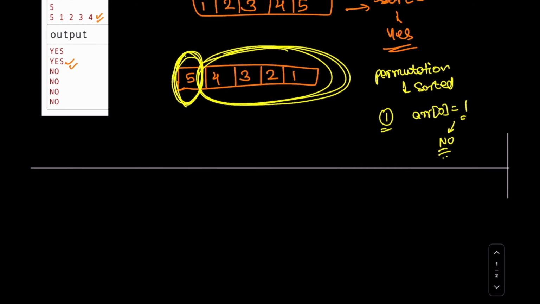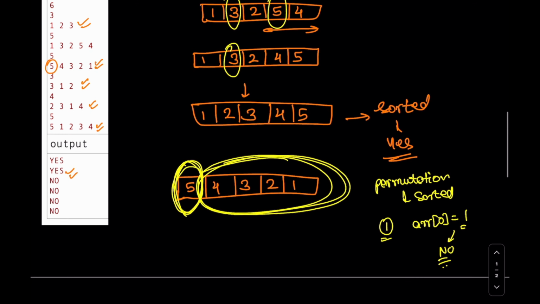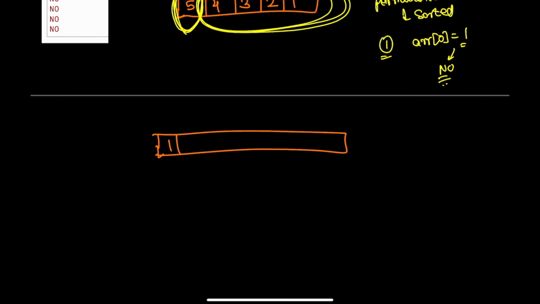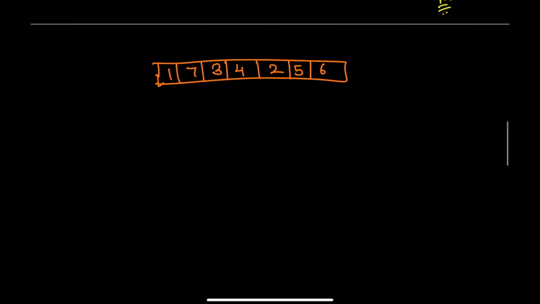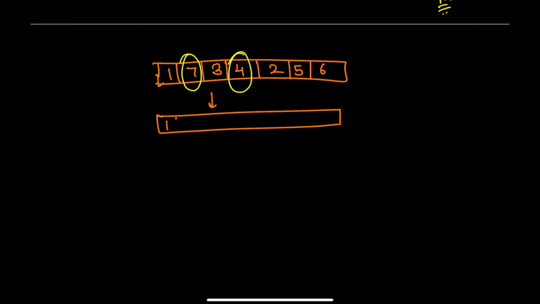Let's take a big example: 1, 7, 3, 4, 2, 5 and 6. The positions that we can change are this 7 and this 4. These two positions can be changed. I'll swap to get 1, 3, 7, 4, 2, 5 and 6.